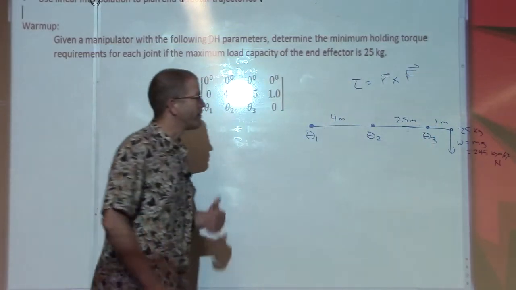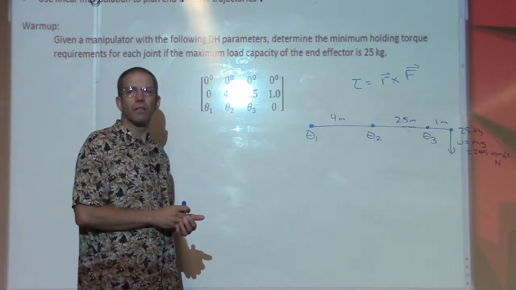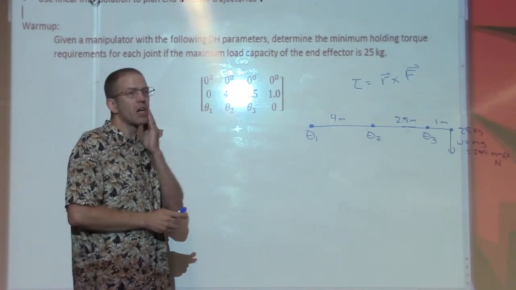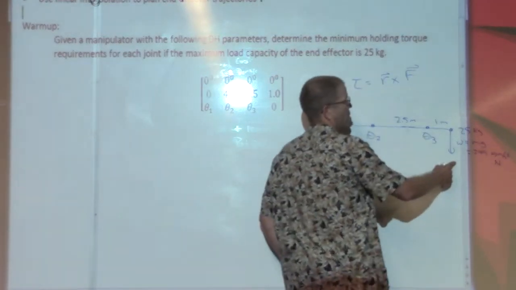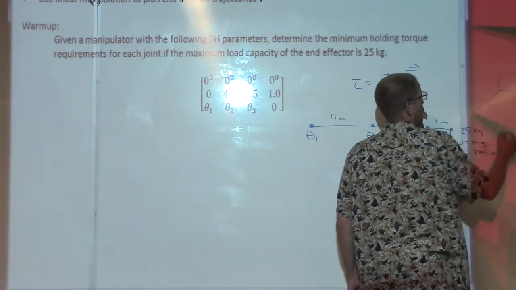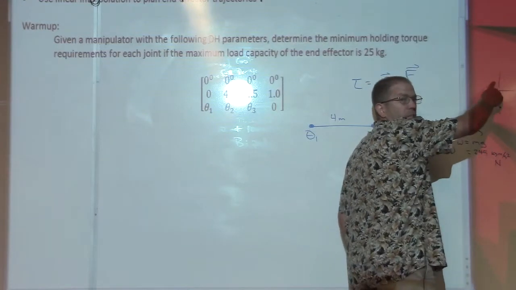Now, what's our force vector going to look like then? If we say this is x, y, and z, there's no x component, no y component, and only a z component.